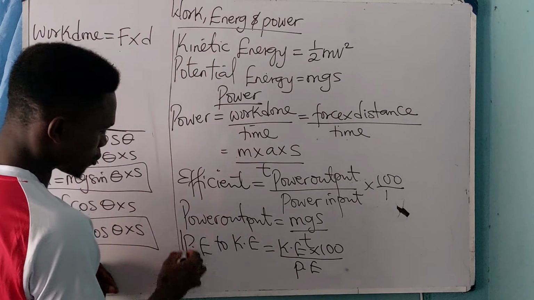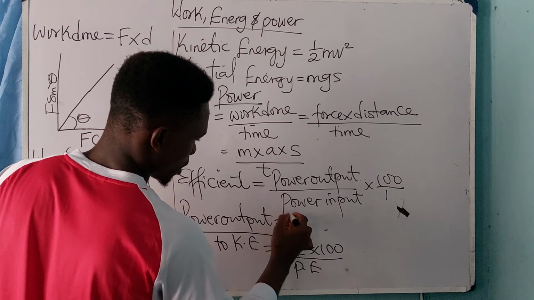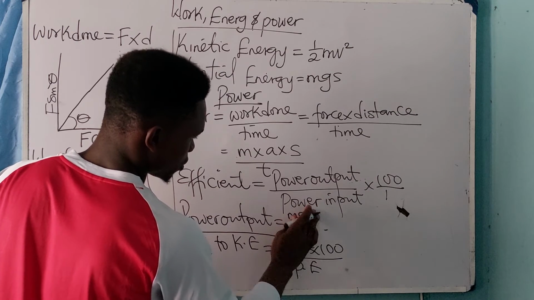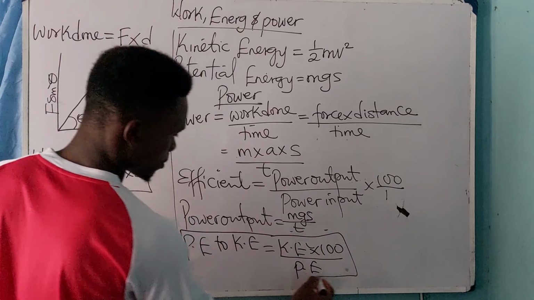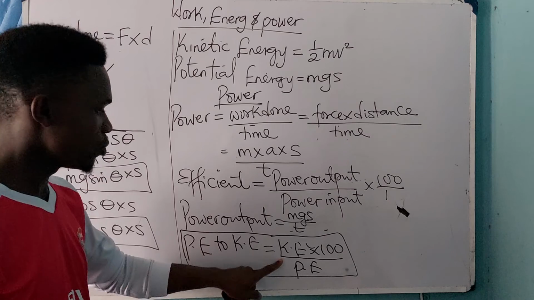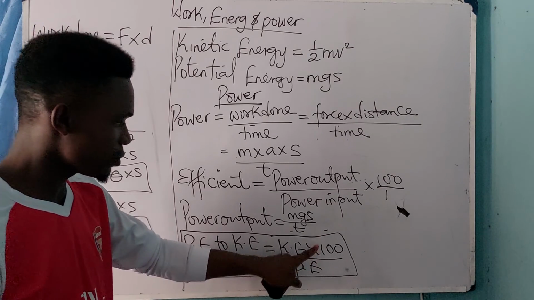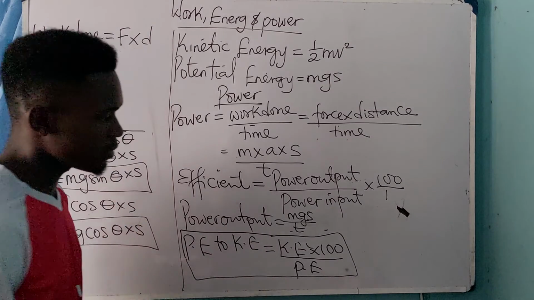Please take note of this formula: mgs over t. In converting from potential energy to kinetic energy, we need kinetic energy times 100 over potential energy. So please take note of that.